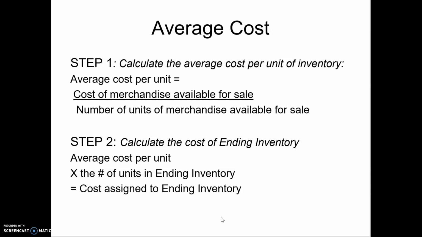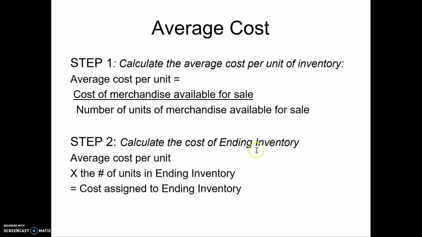Average cost, we're going to take two steps to assign the dollar amount to inventory. The first one, we're going to calculate the average cost per unit of inventory. So we take the cost of the merchandise we had available for sale, we divide it by the number of units available for sale. That gives us what we paid on average for one unit.